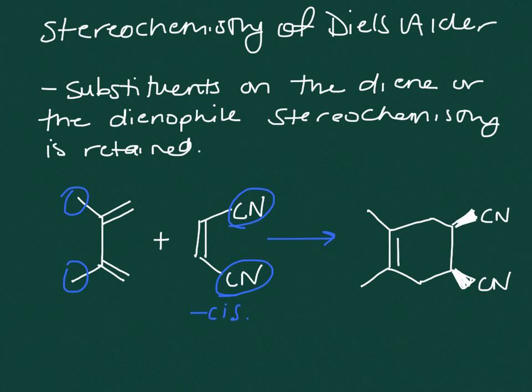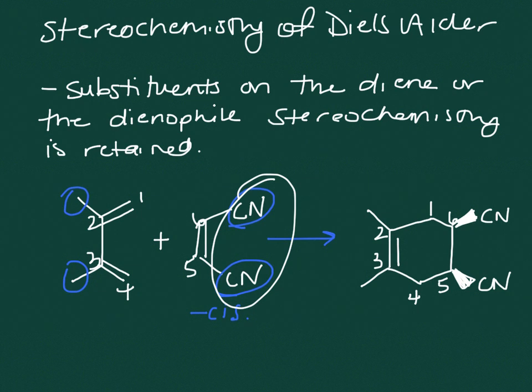Okay, and so we get in the habit of numbering, so you can see where everything belongs. There's our product. So we are going to retain the configuration of the starting dienophile.